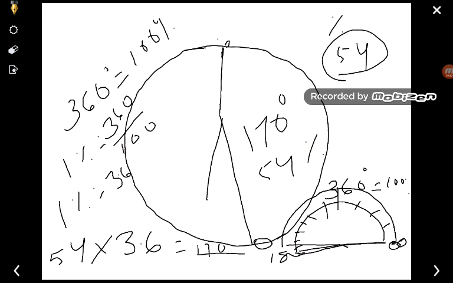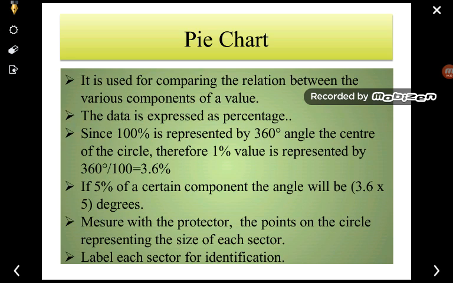So this is how we are going to plot a pie chart. So how can it be calculated? In order to draw the pie chart, first you have to convert into the percentage. Once you have converted into the percentage, it should be converted into the degrees. 360 divided by 100 gives you the degree.